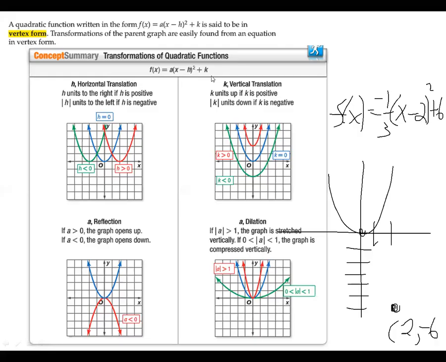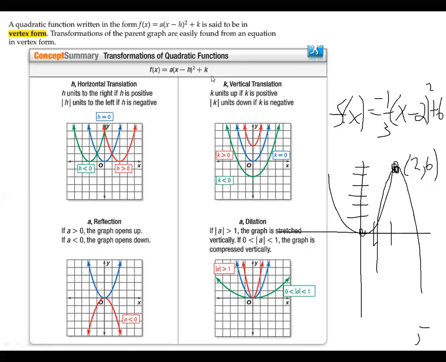I'm sorry, not 2 units down. 6 units up, rather. What's that point? That point is 2, 6. Well, that turns out that it's going to be the vertex of the parabola.